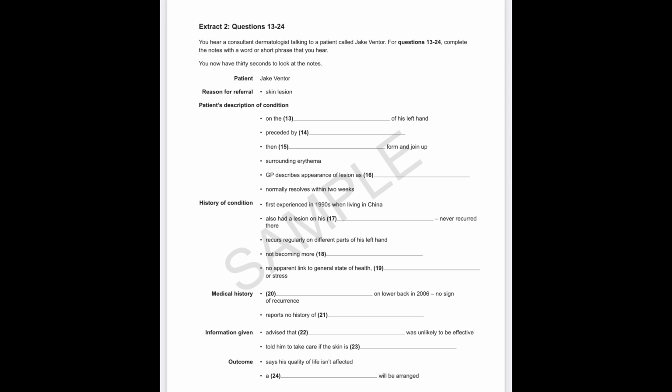I thought it had sorted itself out because I didn't get it for a couple of years, but then it came back. Right. So there's no pattern. It's not getting more frequent or anything, and it doesn't seem linked to anything in my daily life. Like, it doesn't seem to happen when I'm run down, for example, or because of anything in my diet, or if I'm under a lot of pressure at work, that kind of thing.